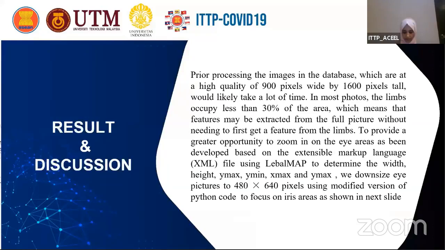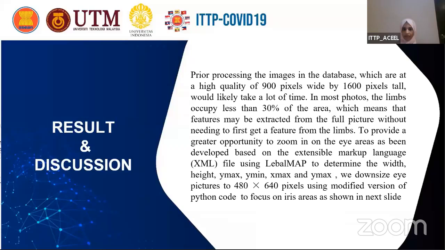So, as a result of discussion, preprocessing the images in the database, which are of high quality, 900 pixels wide by 1,600 pixels tall, would likely take a lot of time.